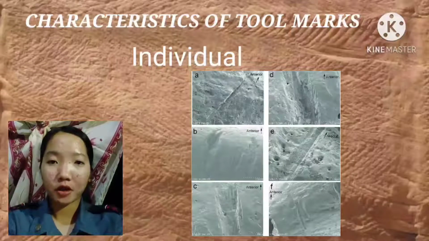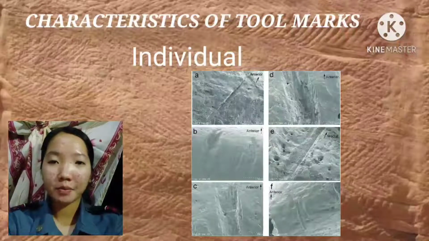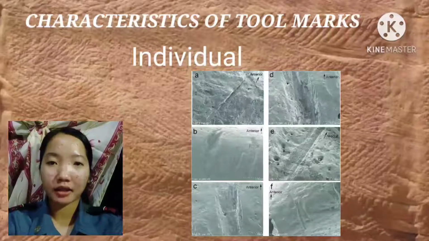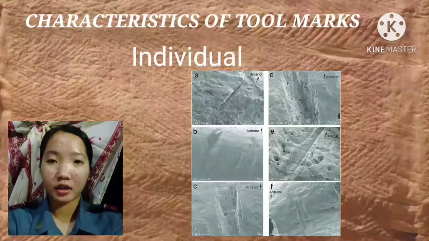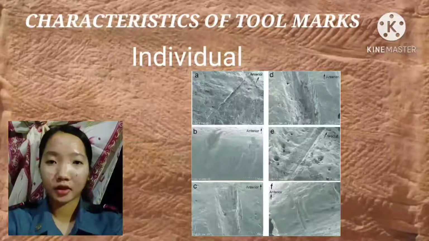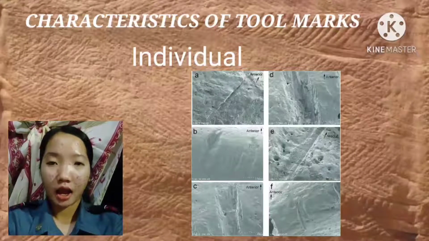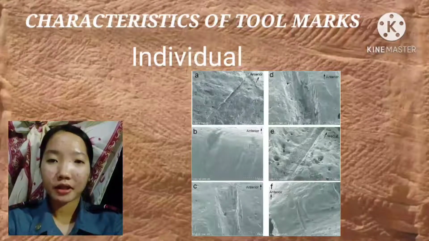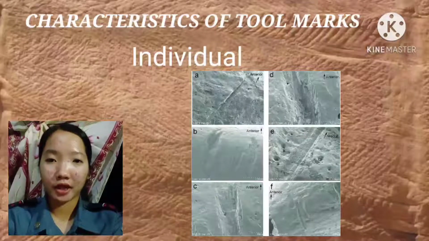For example, ang tip ng isang screwdriver ay hindi perfectly flat but it has small ridges along its edge, and these characteristics are the only one na may permit for formal identification.